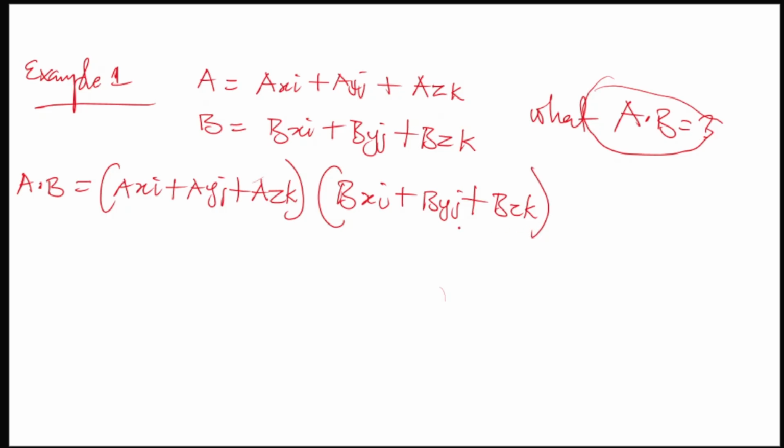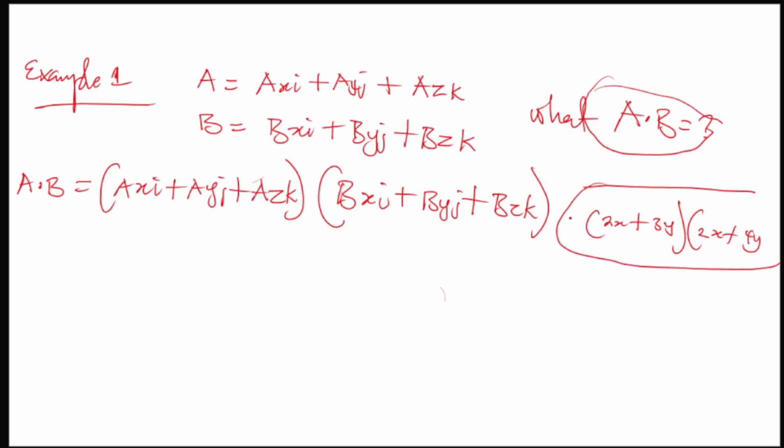Remember, when we had 2x plus 3y and 2x plus 4y, we use this to multiply everything here, then we go back and use this to multiply everything here. So we are simply applying this concept here.